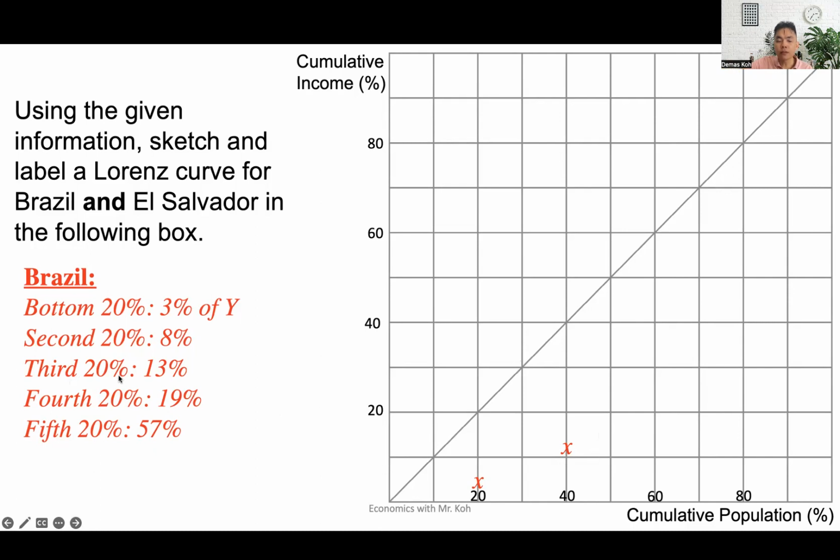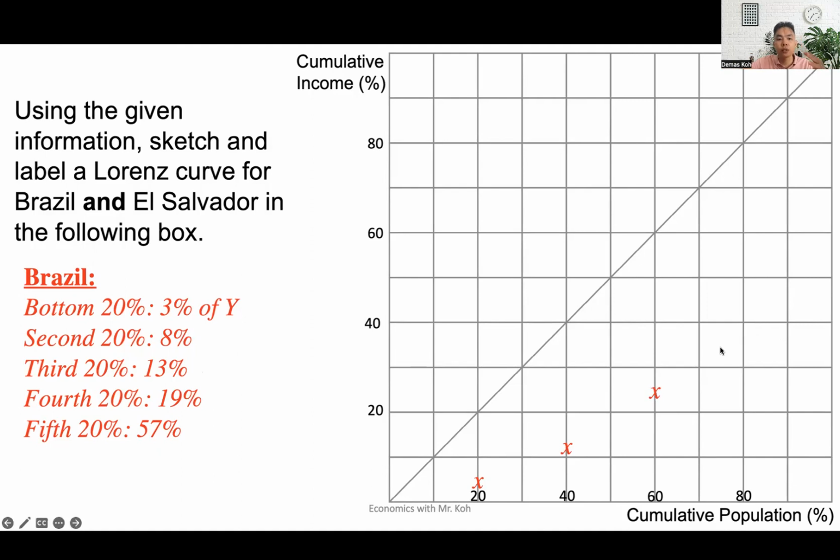And as for the third quintile, it has 13%, but remember we need to add the previous figures from the first two quintiles as well. So we've got 3 plus 8 plus 13, that's 24%. That means the first 60% or the first 3 quintiles of the population possesses 24% of total income in Brazil.